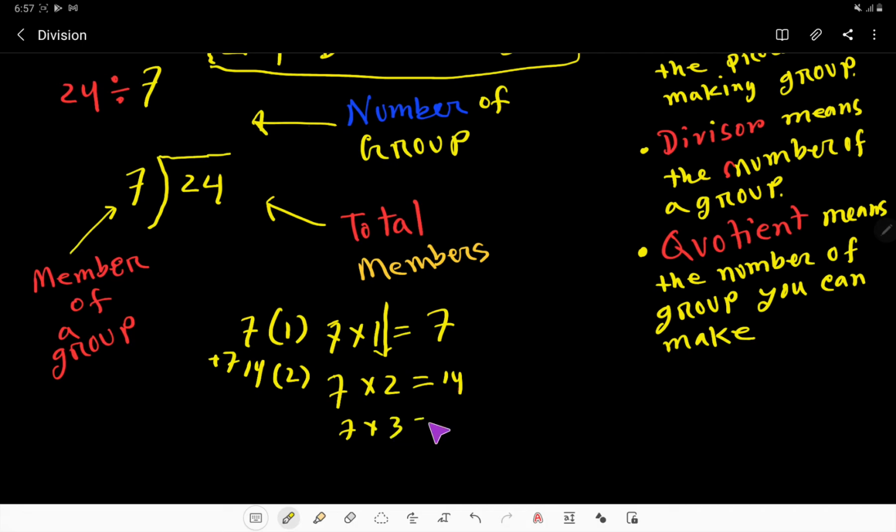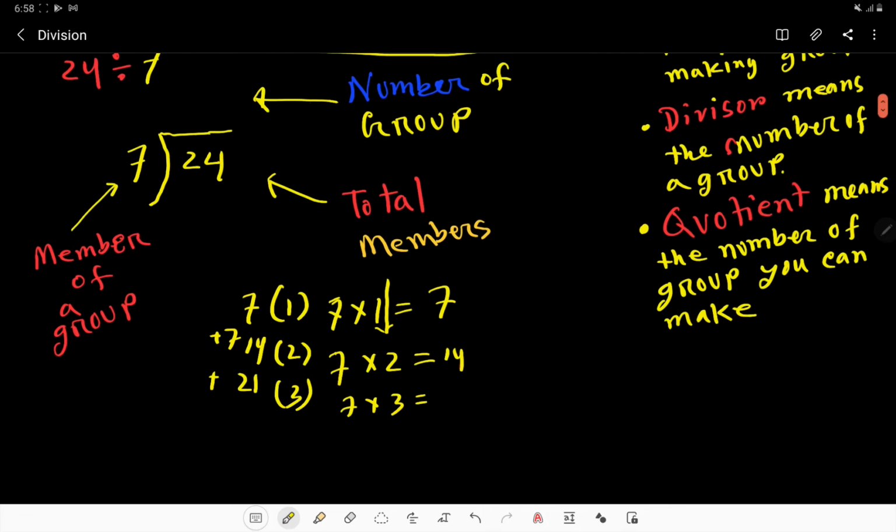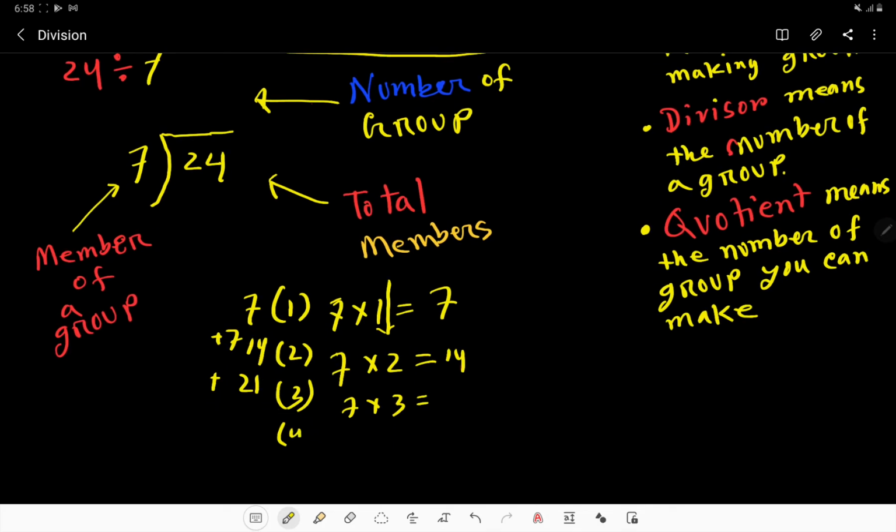Then 7 times 3: we just add 7 to this 14, so we get 21. Here we have 24, so let's move to 4. 7 times 4 means 21 plus 7, that is 28.